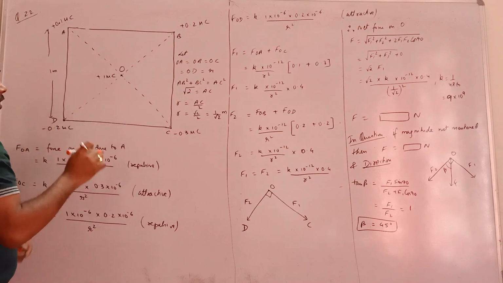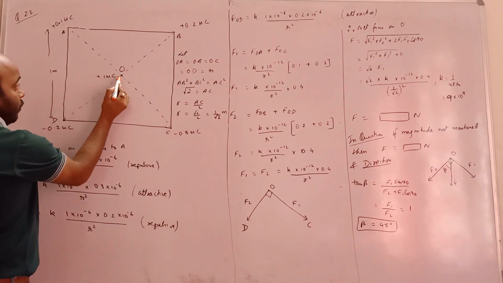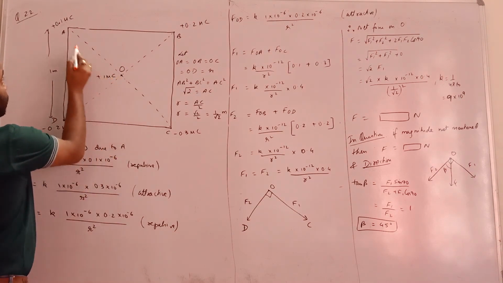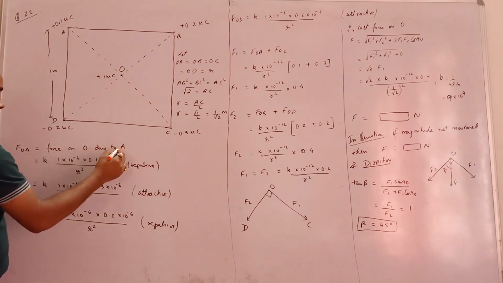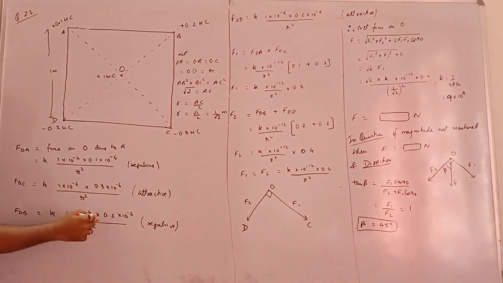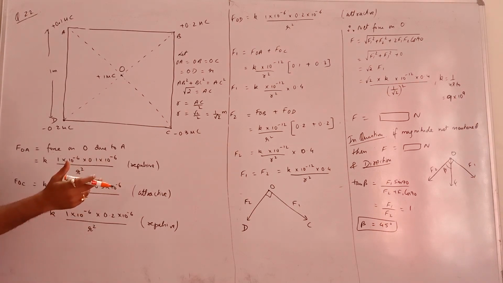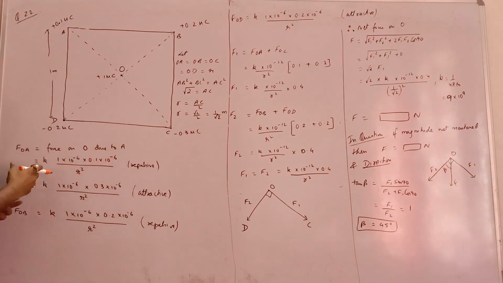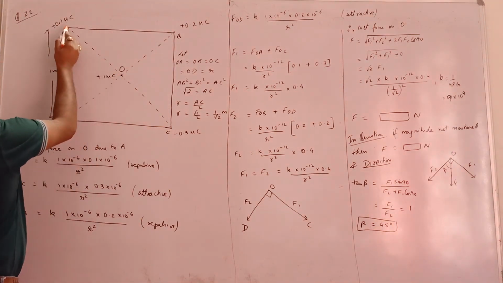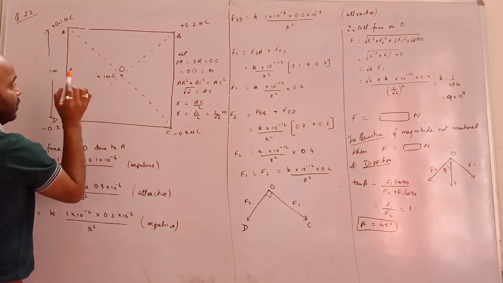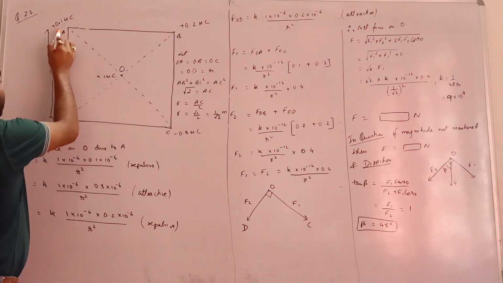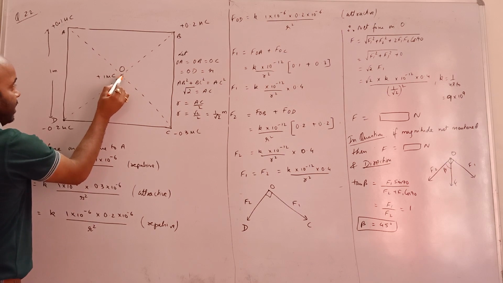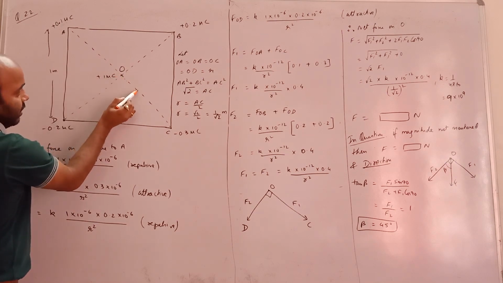Now we'll start making the figure. Number 1: force on O due to A. I have written force on O due to A. This statement I haven't written for this, so you don't have to write it in an exam either. Once you write it, it is understood later. Now, you have to understand the direction of this force. Both are positive, so this charge will try to move in this direction.